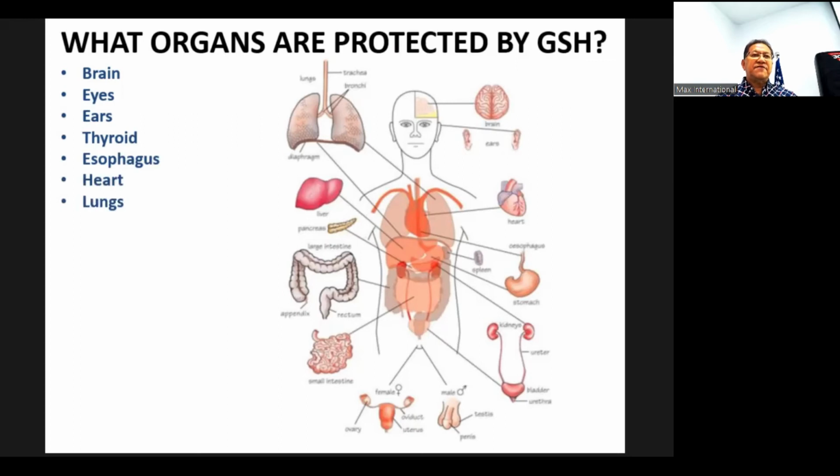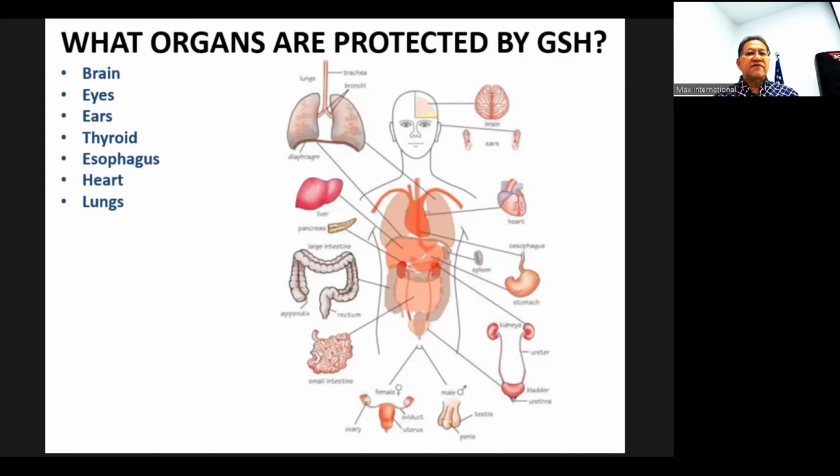Esophagus, many people suffer from reflux disease, and reflux disease is considered a precancerous condition, right? Having sufficient glutathione can help prevent the progress of that condition. Right?